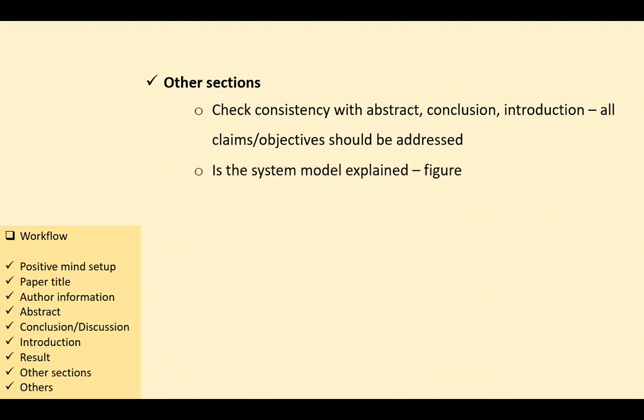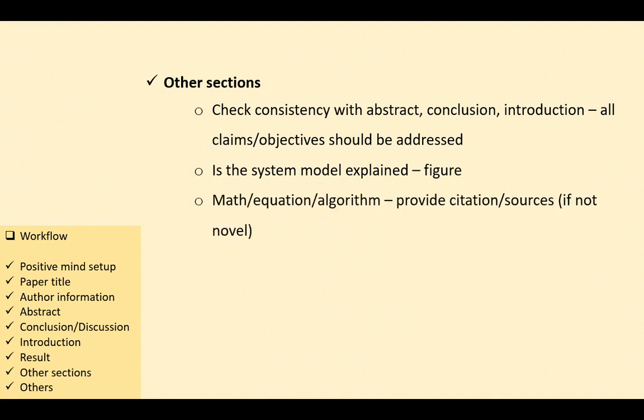Then the system model should be explained. System model sometimes is explained in the introduction. If you think a figure should be included to explain it, let them know they need to add a figure of the system model.